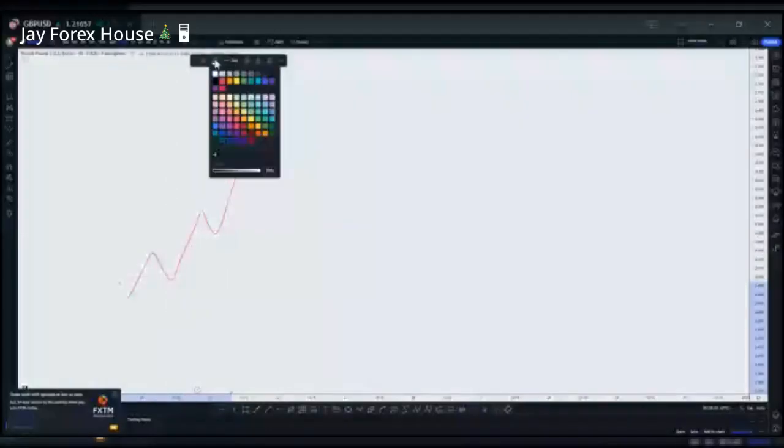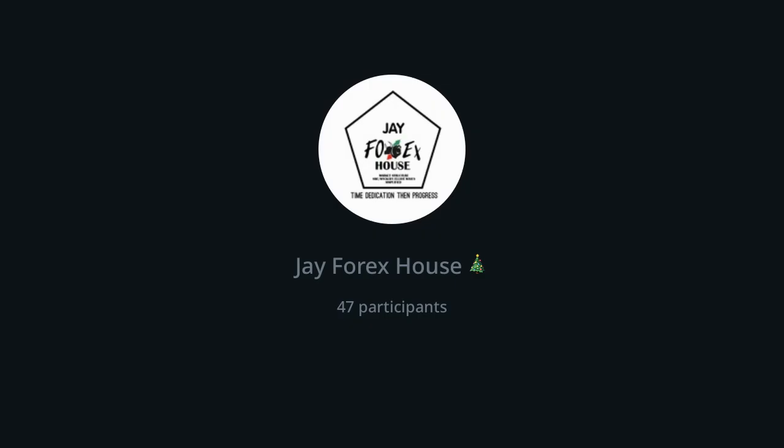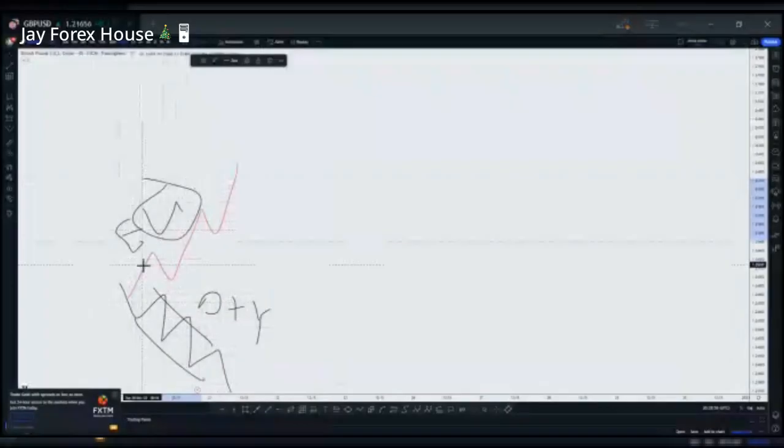Euro USD is the base and USD is the quote, and that's just USD related. Euro USD is being driven by just the USD, which is the U in EU. EU is like the opposite because with EU being the base, if USD is weak, Euro USD would be bullish.